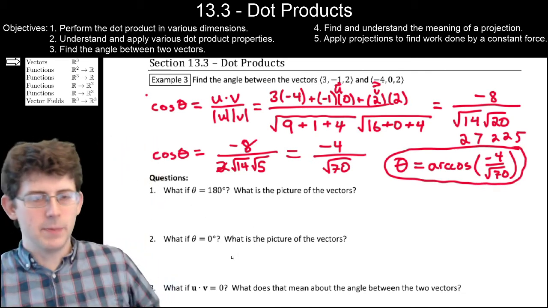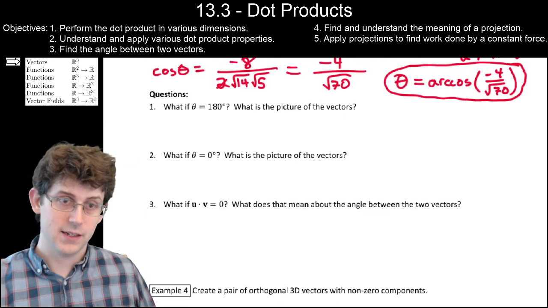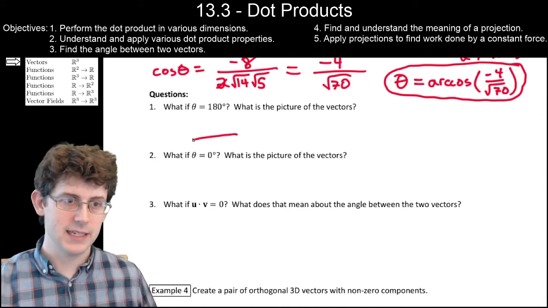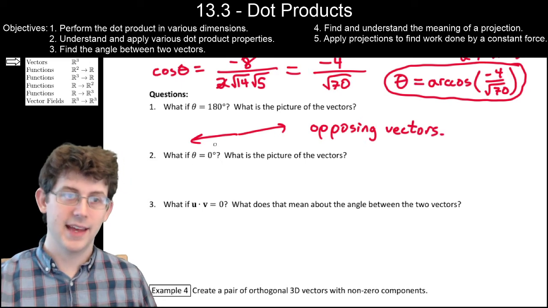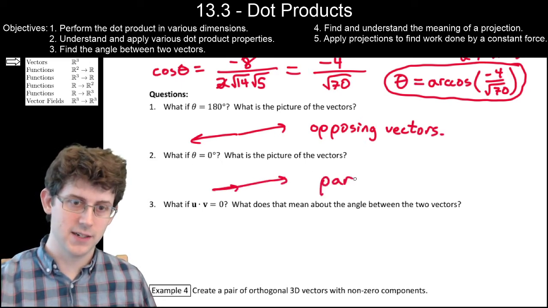Depending on what angle you get, it tells you certain things about the vectors. If the angle comes out to 180 degrees, that means the vectors are pointing in opposite directions. They're opposing vectors. If the angle is 0 degrees, then they're pointing in the same direction. They're parallel vectors.